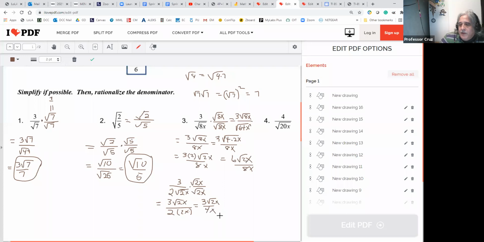All right. Now, there's no simplification between 3 and 4, but what about 6 and 8? 2 goes into there 3 times, and it goes into there 4. So in either case, you're going to have 3 square roots of 2x over 4x.